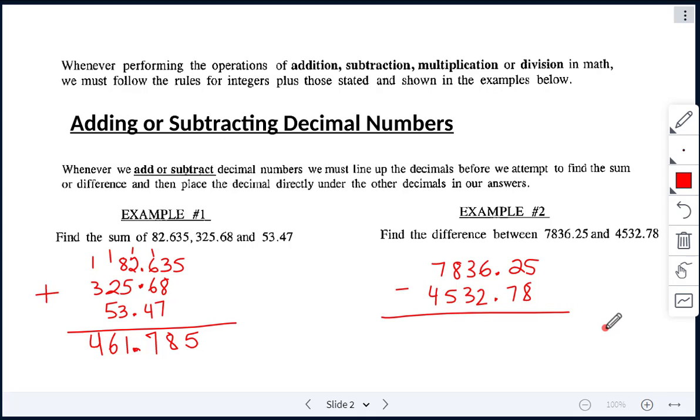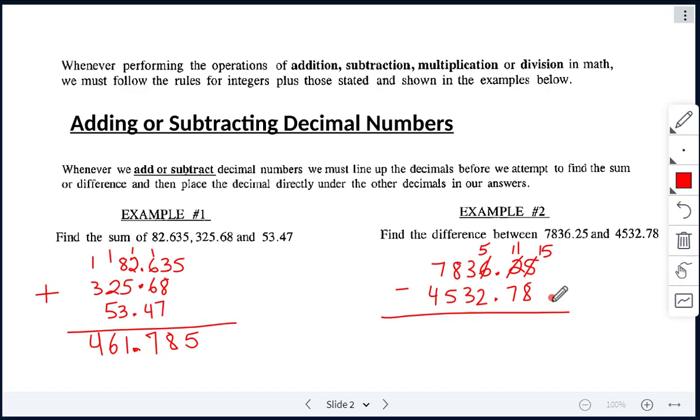All right, so here you can practice your subtraction skills. So let's start. We have 5 minus 8, so we can't do that. So we're going to borrow. That becomes 15. This is going to become 11. And this is going to become 5. And now we can go ahead and subtract.